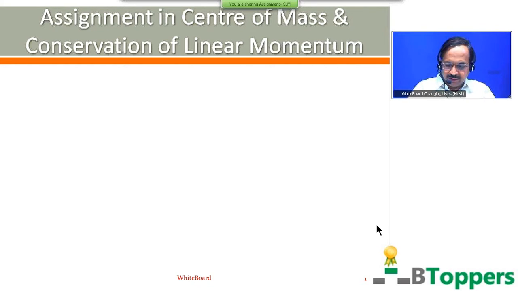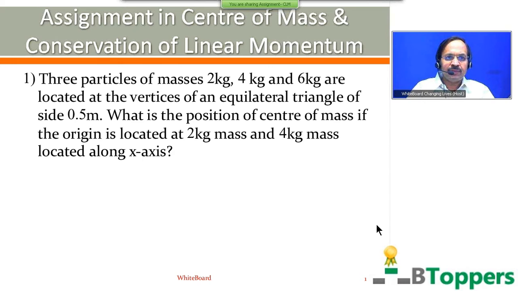Come on, look at the first question in the assignment on center of mass and conservation of linear momentum. I will read out the first question. Look at the screen. 3 particles of masses 2 kg, 4 kg and 6 kg are located at the vertices of an equilateral triangle of side 0.5 meter.